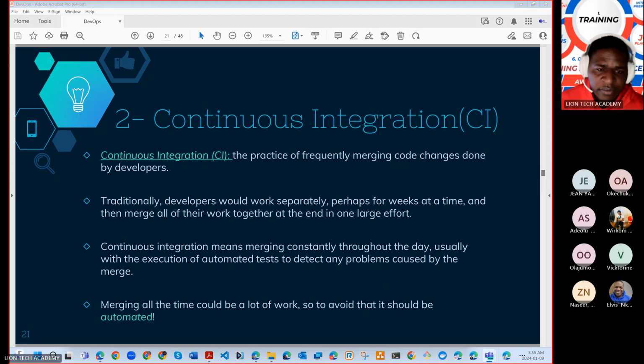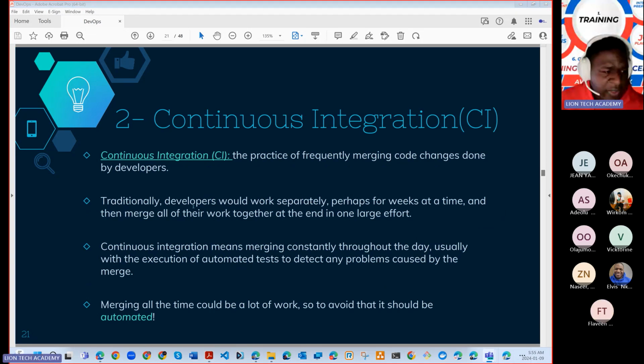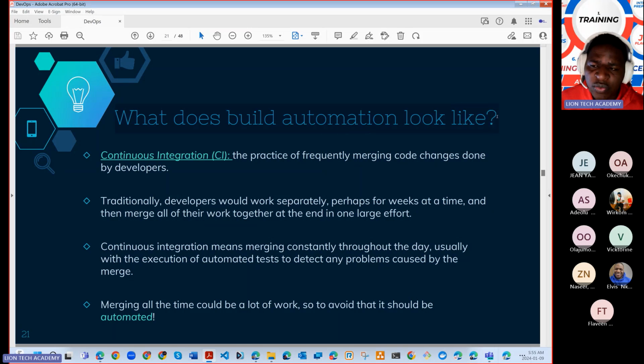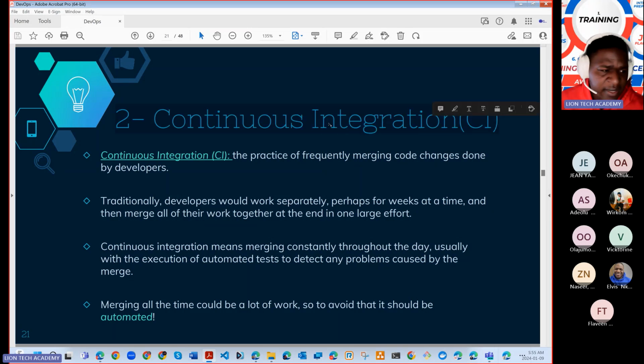So the second thing that we want to implement is what they call continuous integration. If you look at the majority of DevOps job descriptions, you'll see the ability to implement CI/CD. CI/CD stands for continuous integration and continuous deployment.